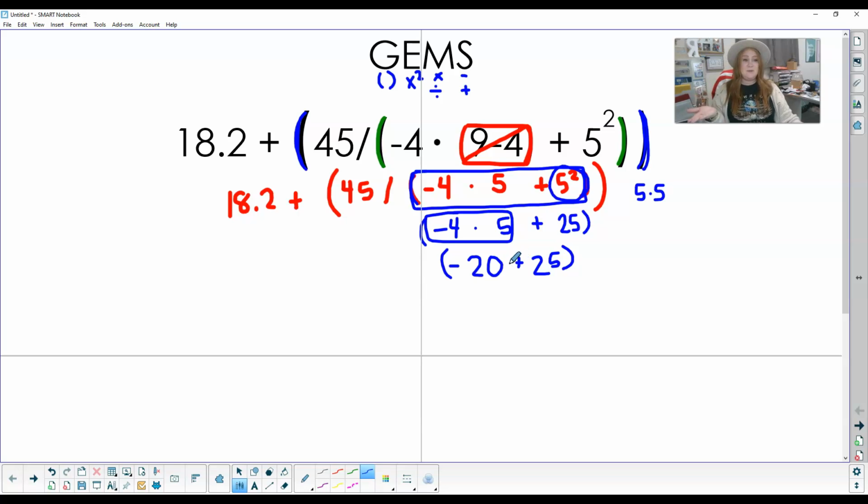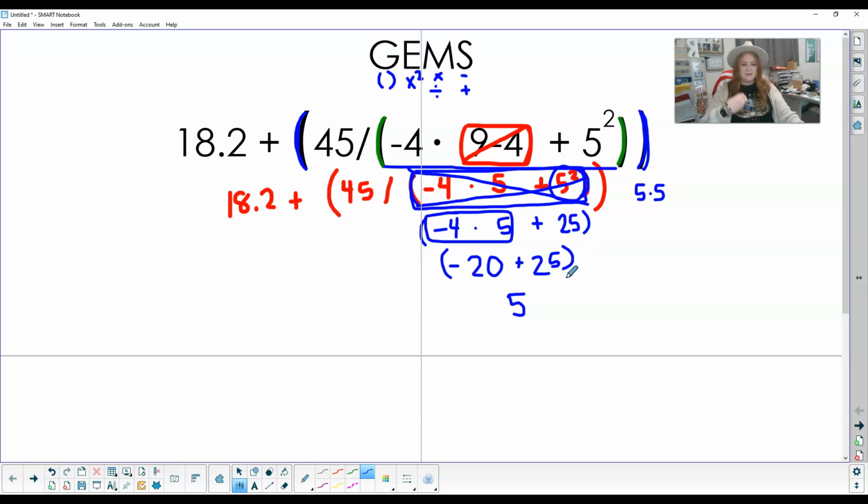So I'm at -20. I owe my parents $20 and I get 25. So I pay my parents back, and how much do I have left? I still have $5. So all of this here turned into 5. So I've used all of that.